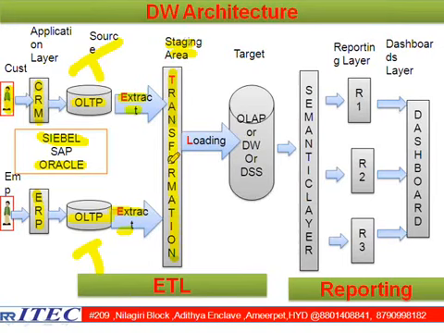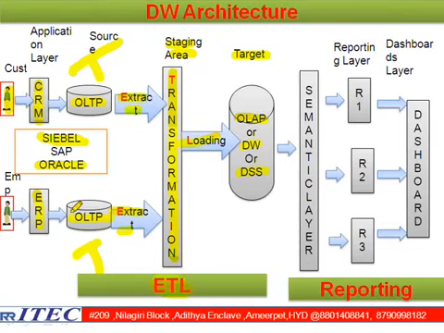Once I have converted the data the way the customer is looking for, I go forward and load the data into one area called our target. Target is nothing but the data warehouse, also known as OLAP, also known as DSS, Decision Support System. If you do these three activities, what is it called, sir? ETL process.